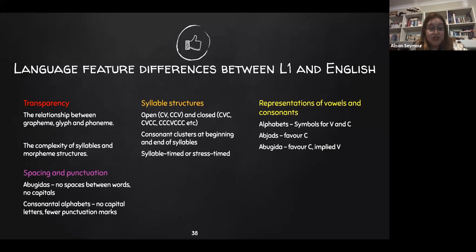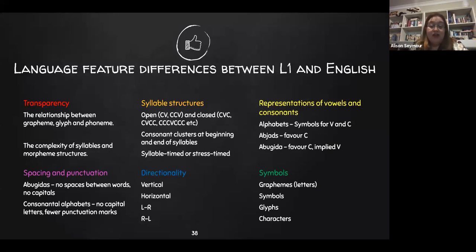And you mentioned the capitalisation and punctuation. We've looked at directionality, vertical, horizontal, left to right, right to left. And then the symbols themselves. Are we using letters which represent sounds, or are we using symbols or pictures or characters? All of these language features obviously have a huge impact on these poor students trying to learn how to read English.